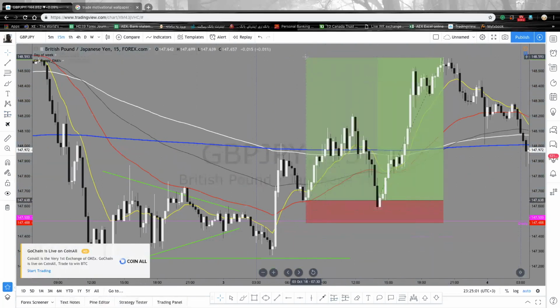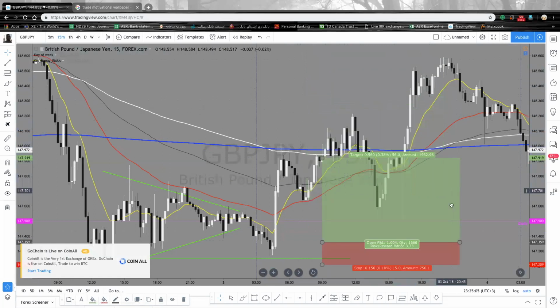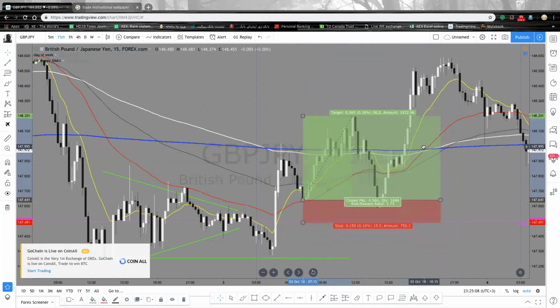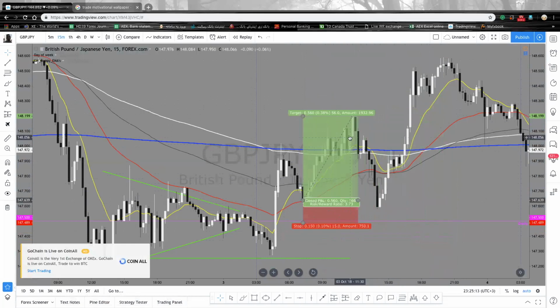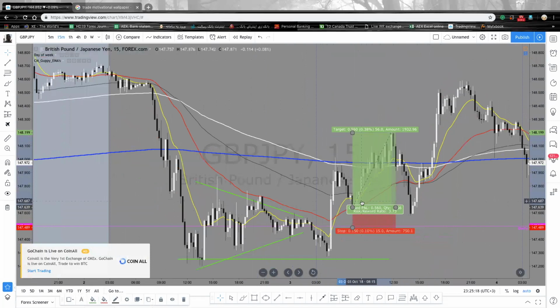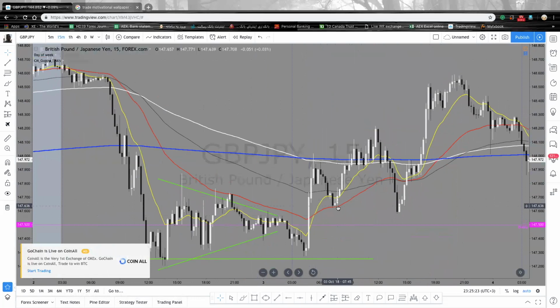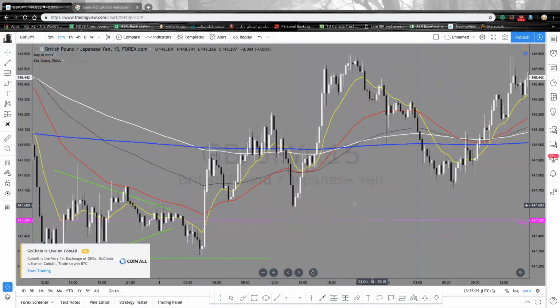Or you could have taken your profit in 50 pip. 50 pip, you could have been out. But if you don't want to get it, you can come back, you can wait for the price to come completely above the moving averages, and then get this.